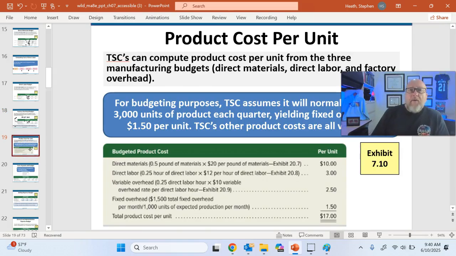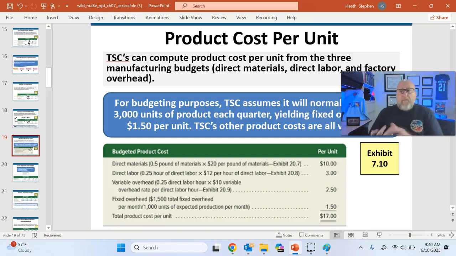Okay, so now once we understand some of the bigger picture items, we know that the cost of a product consists of three things, and this goes way back to the original chapters: direct material, direct labor, and manufacturing overhead.